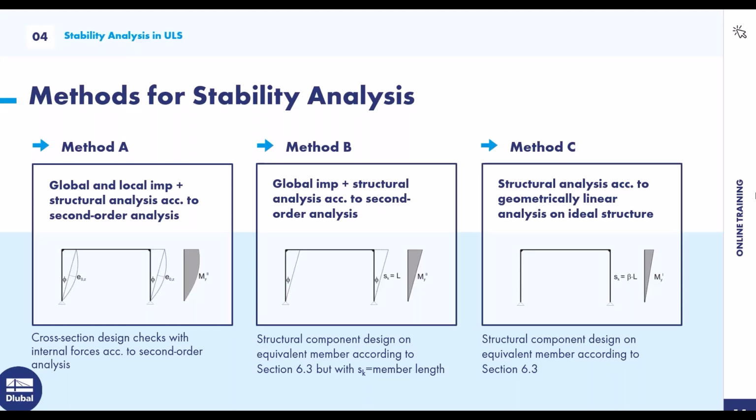But that's also a sentence in the Eurocode. For the design of the lateral torsional buckling, the application of the second order analysis is also required with that method. Now, if you want to do lateral torsional buckling design for the horizontal beam, then you also need for this method to calculate according to second order analysis.